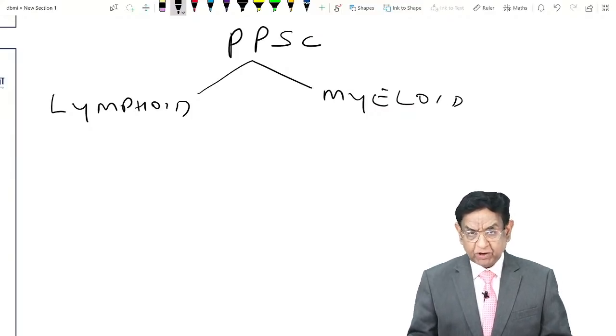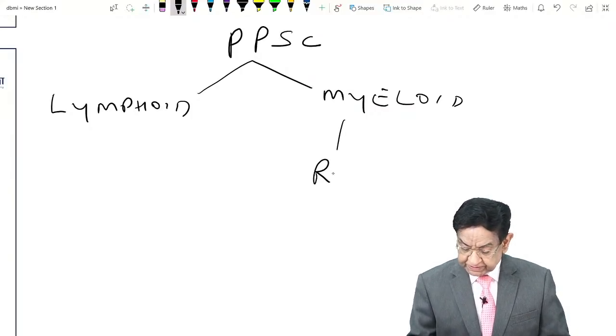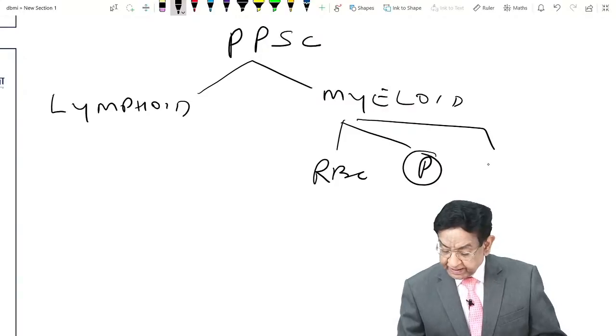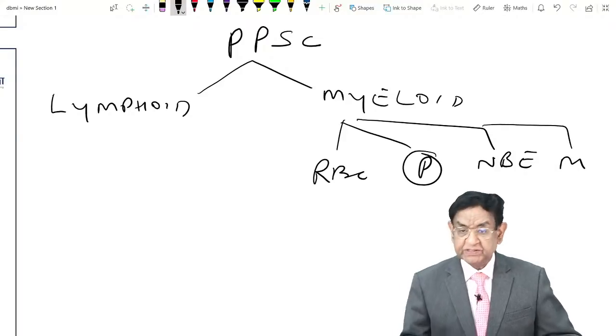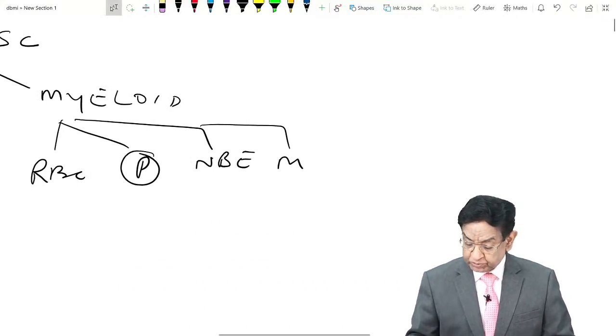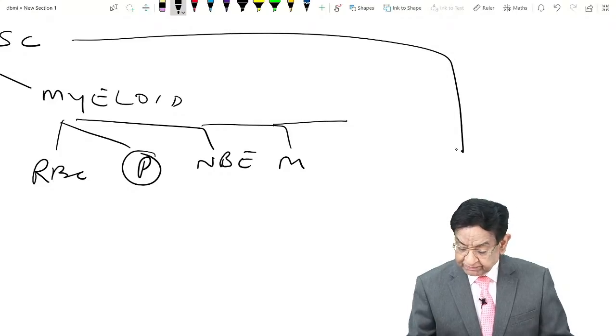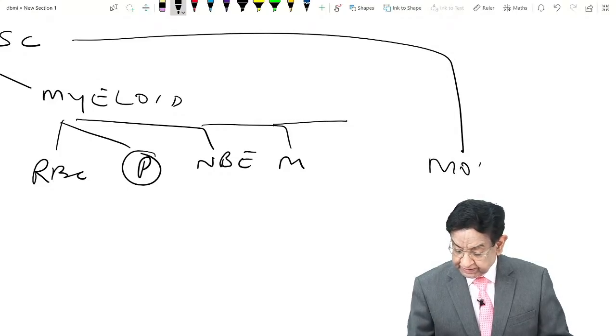The myeloid series predominantly gives rise to RBCs, platelets, and granulocytes, which include neutrophil, basophil, eosinophil. It also gives rise to monocytes and macrophages.